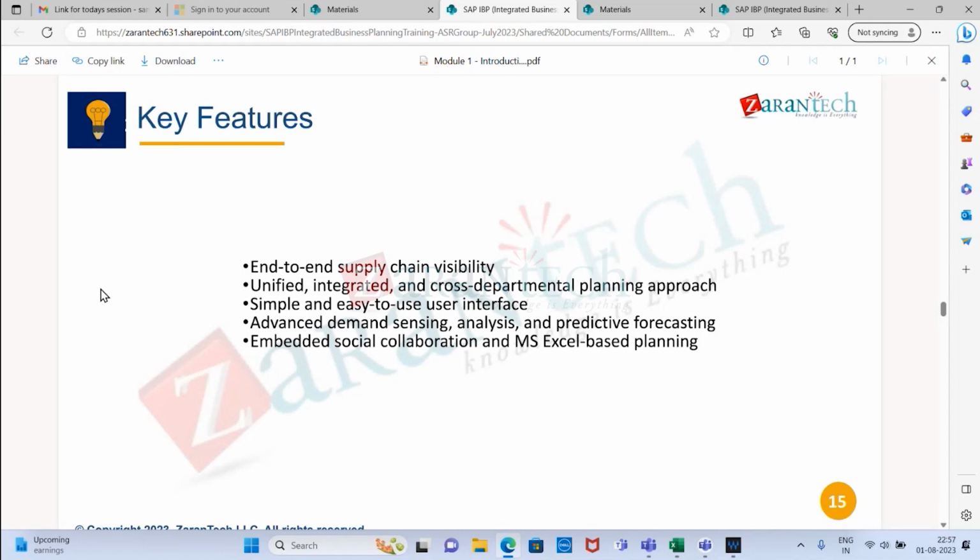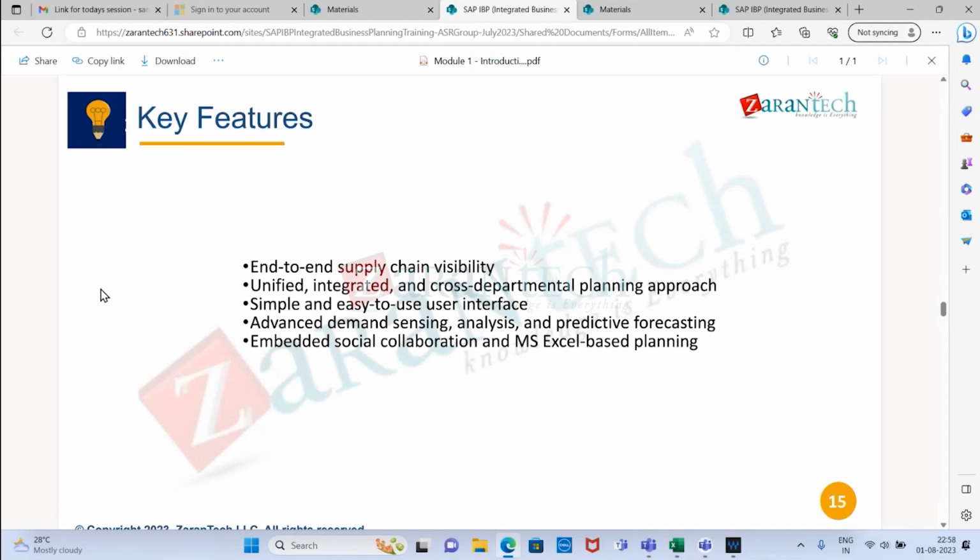For example, for demand planning, their internal customer is the sales team, and their internal supplier is the supply planning team. Similarly, a supply planning team would have an internal customer as the demand planning team and sales team. So IBP basically enables communication and collaboration among the stakeholders in the entire value chain of the organization.